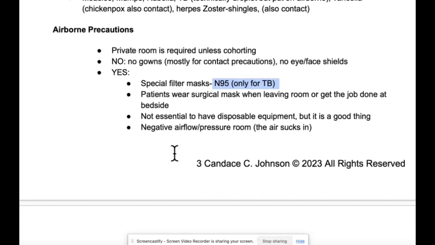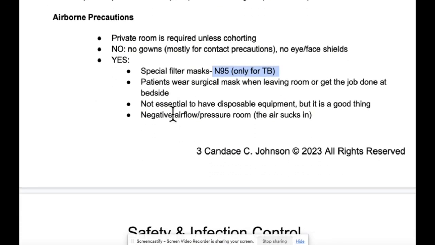So N95 is the way to go. The patient, though, wears a surgical mask when leaving the room. So the patient isn't necessarily wearing an N95. They are just wearing a surgical mask so they can keep their own TB-containing cough spray or sneeze spray contained. All right.